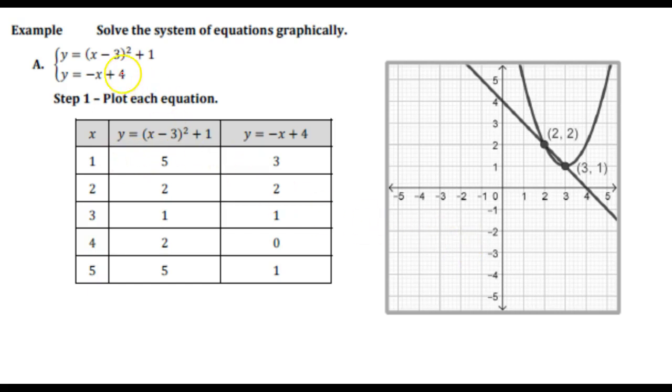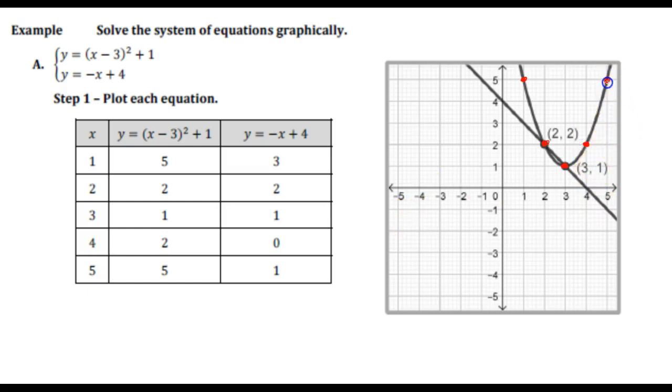So in the example, they give us two equations, and they give us a table of values. This is the easiest way to graph, creating a table of values and graphing your points. So here we wrote in 1, 5, 2, 2, which is that point right there, 3, 1, 4, 2, and 5, 5.